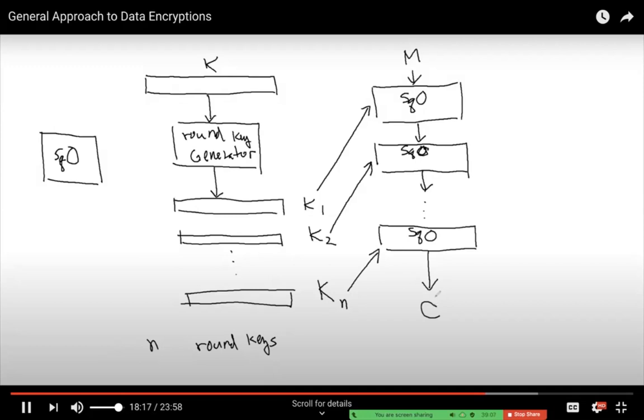So finally, I want to get the effect of C so that I reach both diffusion and confusion. So this is a general approach.